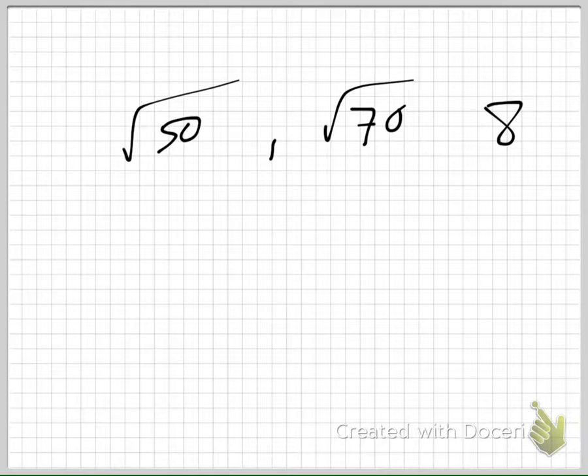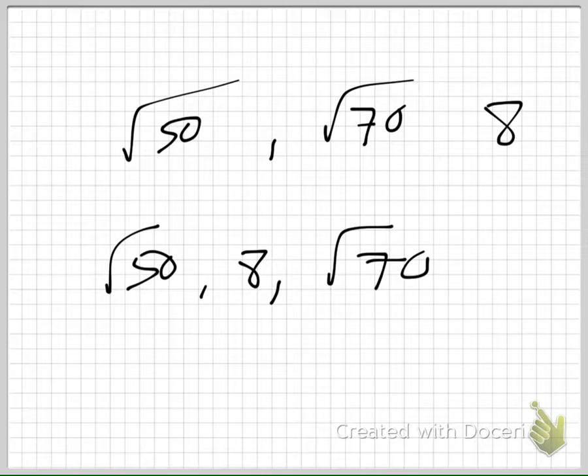If I had you rank these, it would go square root of 50, 8, and then the square root of 70. Because the square root of 50 is a little bit bigger than 7, the square root of 8 is 8, and the square root of 70 is a little bit bigger than 8. Does that make sense?